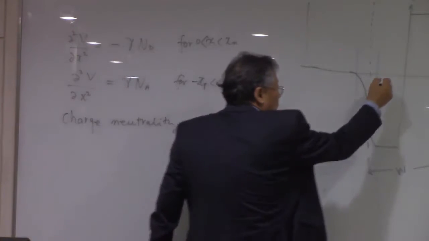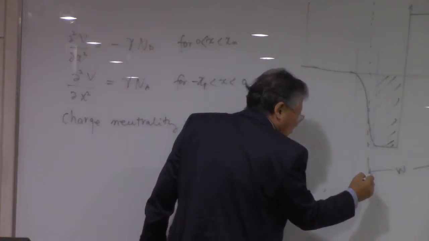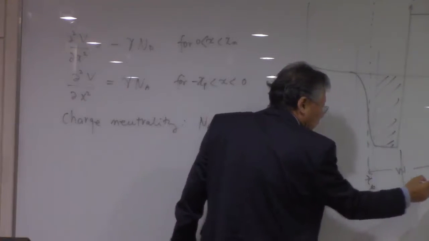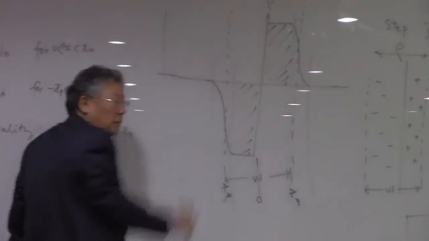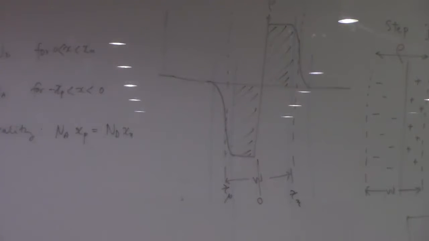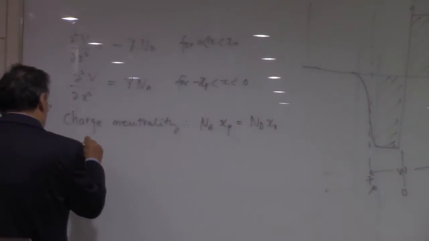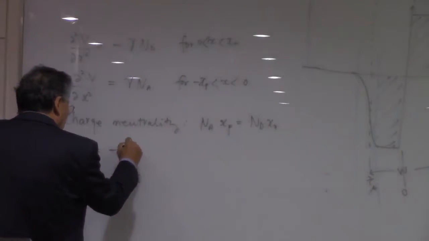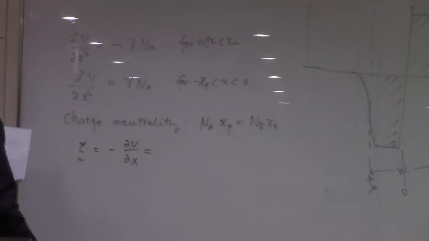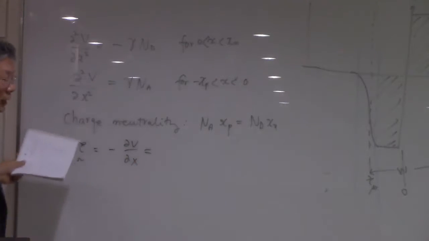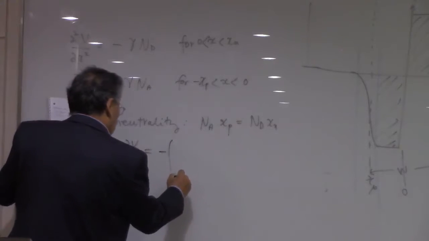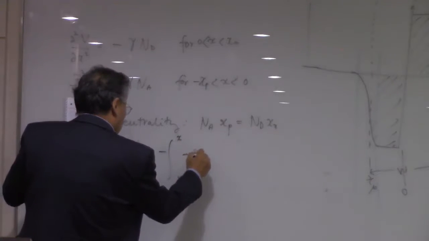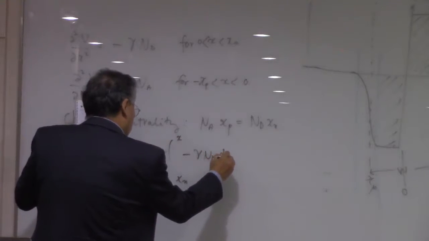It means that the charge here, from xp to 0, and this, from 0 to xn, okay? The charge here should be the same. Otherwise, it's going to have a net charge, and that's not going to happen. So now the electric field, which is the first derivative of potential, you can get by integrating these charges with respect to distance, and that is the integral from xn to x of minus q ND dx, okay?